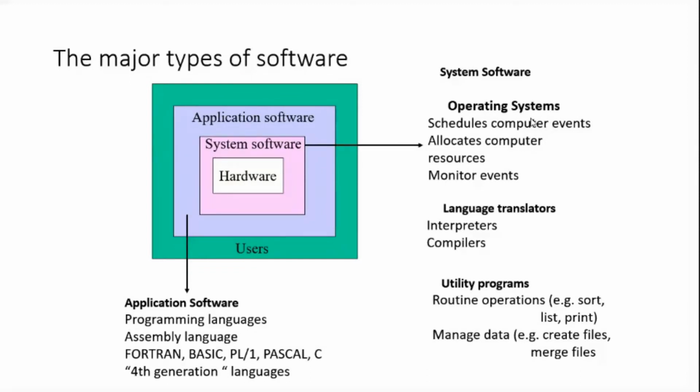Then utility programs, some routine operations, something like sorting, listing, printing, etc. These are also known as the utility programs. They may not be falling under the system software category, but still it comes along with the operating system. Like printing a particular document through a printer happens through the operating system.